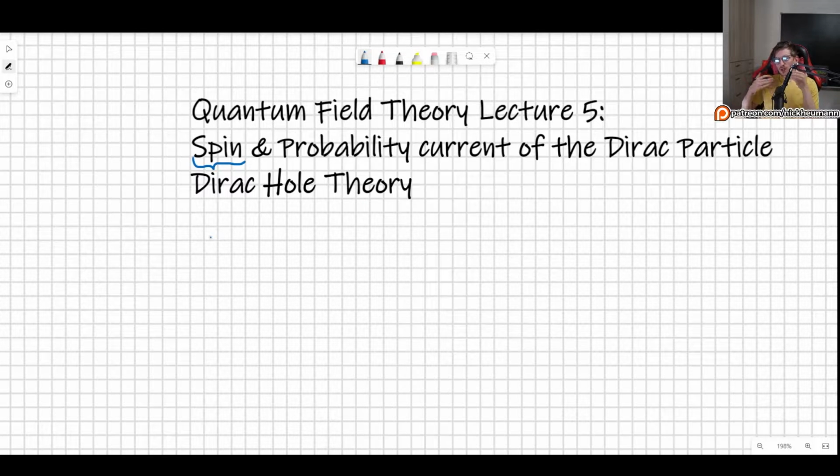So what we know, and some of it we will go through in more detail once we take some time to talk about the Lorentz transformations and Lorentz invariance in general, is that Lorentz transformations include rotations, right?